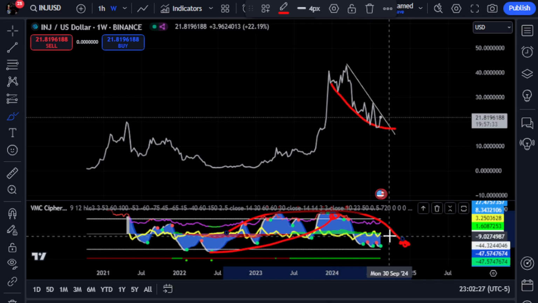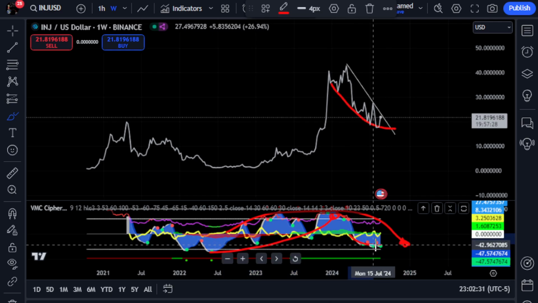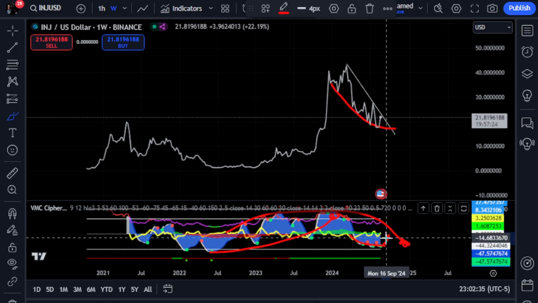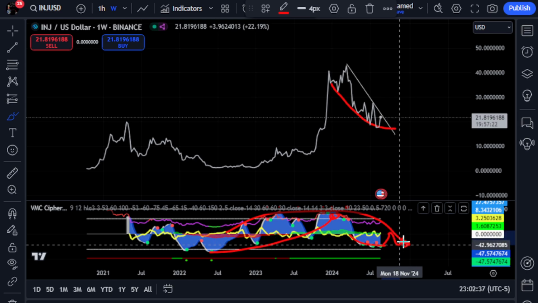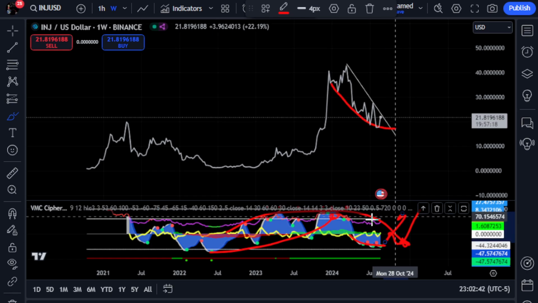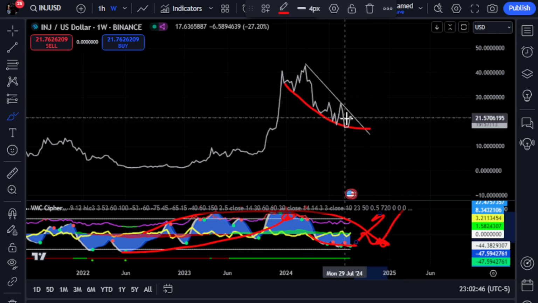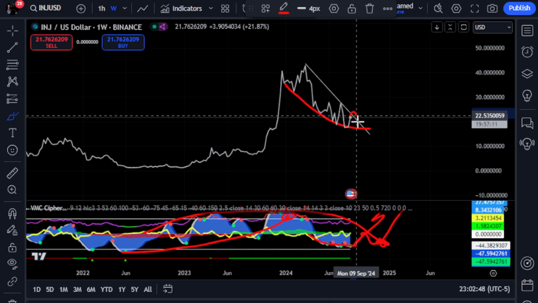and if we consider these nice 3 deep waves, I don't see any reason why we can't at least pop up for something like this, if not just a full-on breakout. But trend line traders, they're looking for this break of trend.